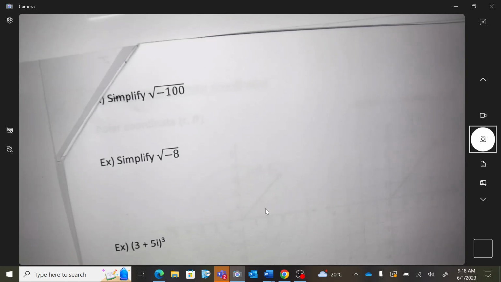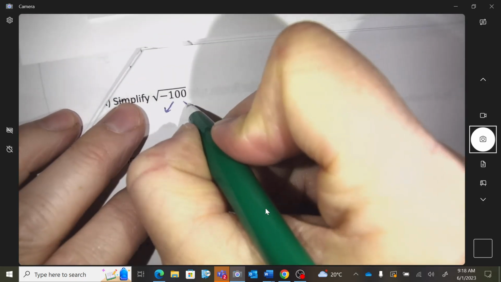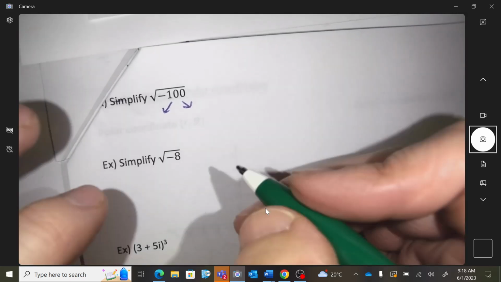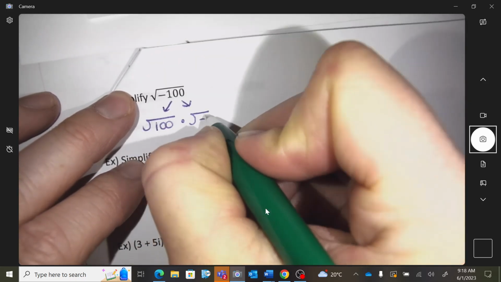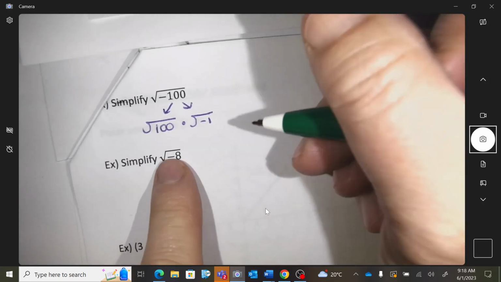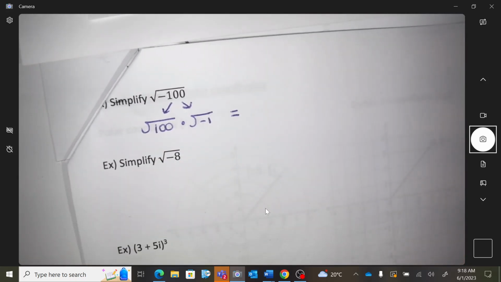Okay, we kind of did something like this in grade 10 and 11, where you break that down. So the square root of -100 could be separated like that: the square root of 100 times the square root of -1. Do you remember kind of doing that in grade 11?